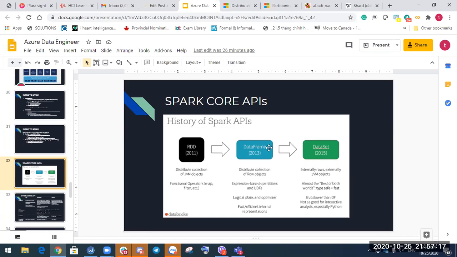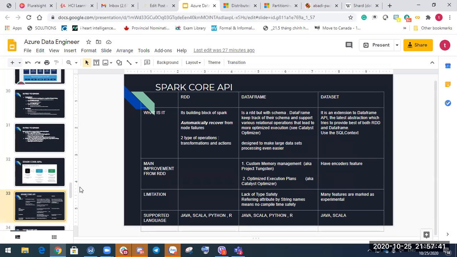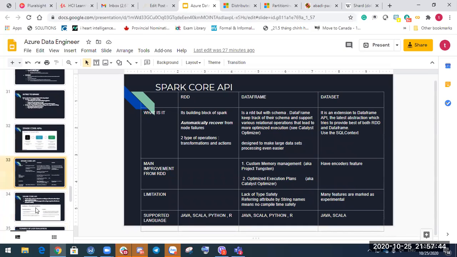Right now, most people who use Python will use the Spark DataFrame, because this is the only option for Python users to interact with Spark. The Dataset is newer, but it's only supported in Java and Scala. And you can see the different Spark Core APIs here. If you are a little bit confused, let me know, or you can watch my other training on Spark on this.